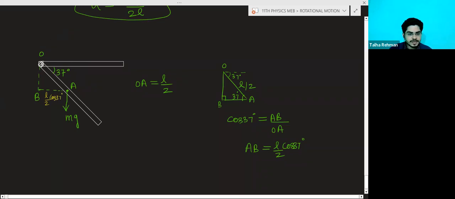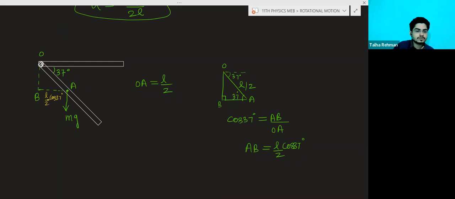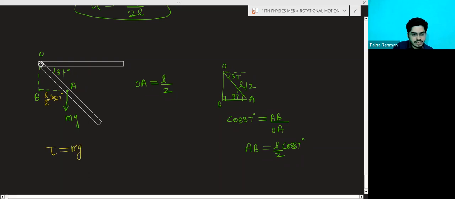So now you can find the torque about this axis. Torque is equal to force mg multiplied by the perpendicular distance from the axis of rotation, L by 2 cos 37.